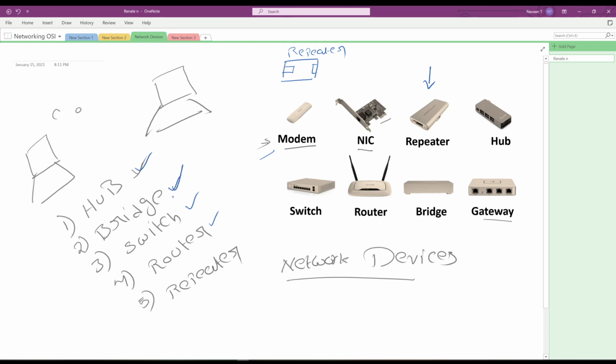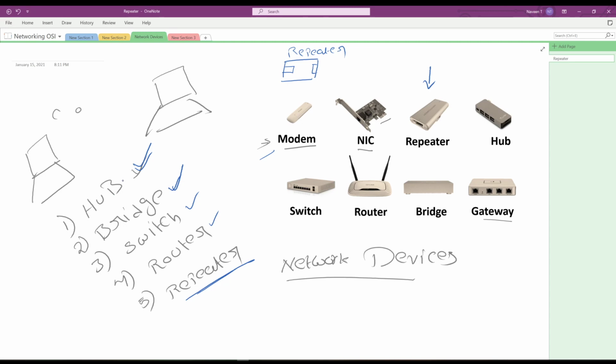Router. Bridge. Okay, sorry, hub. Okay, hub. We discussed the repeater. Hub is a repeater, a multi-port repeater.